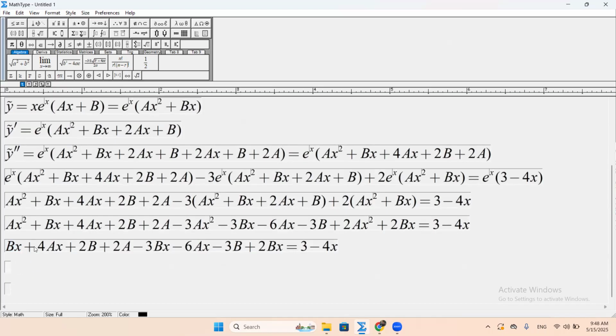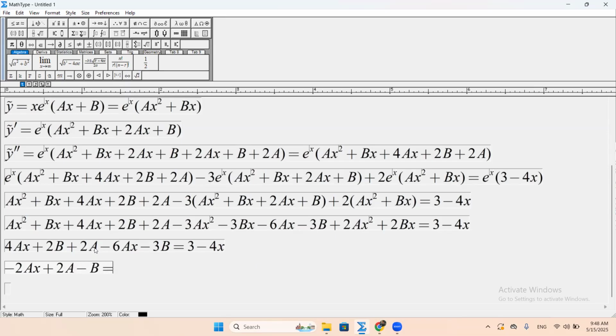By the way, let us eliminate b here. And what do we actually have? Minus 2ax plus 2a minus b equals the following expression.